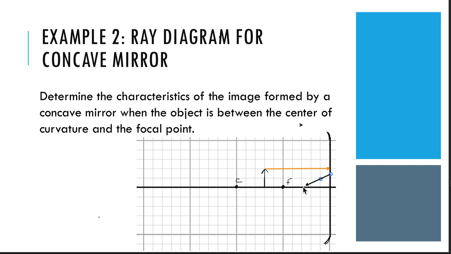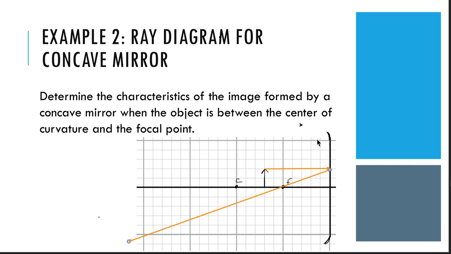So again, I have to just start it somewhere else so that I can drag it. It's just this software here. But I want it to reflect through that focal point, as big as I can through that focal point right there. So that's ray number 1.